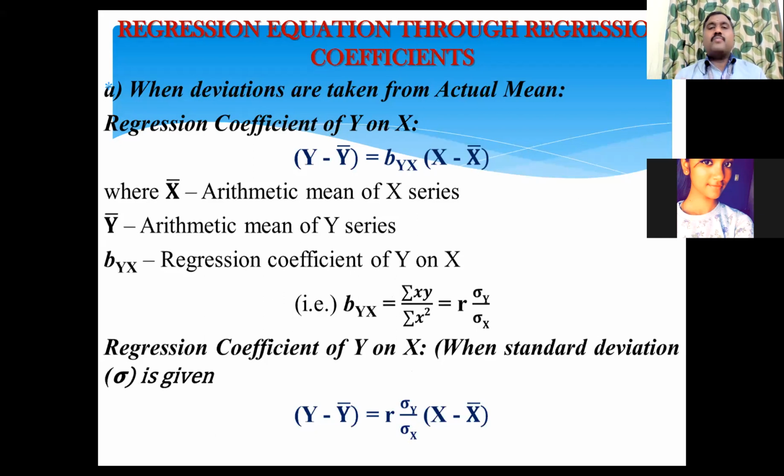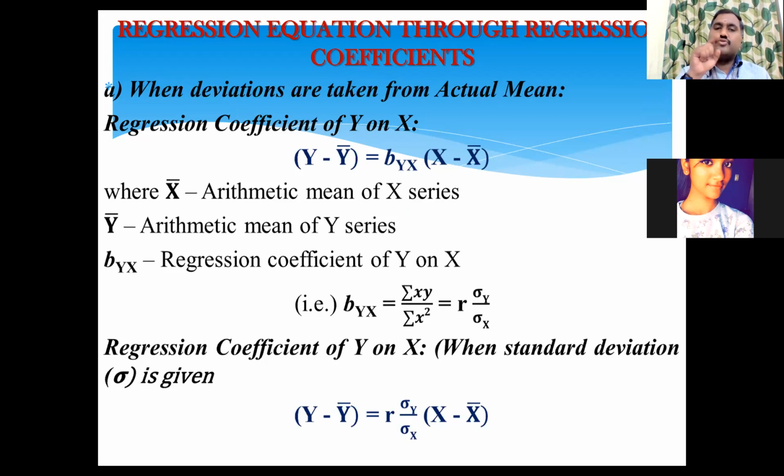For example, you have a problem with the variable x values and the variable y values. Find the regression equation of y on x and x on y through actual mean. Suppose they mentioned through actual mean. In that case, first write this formula: y minus y bar equals b of yx into x minus x bar. Byx is calculated as summation xy by summation x square.